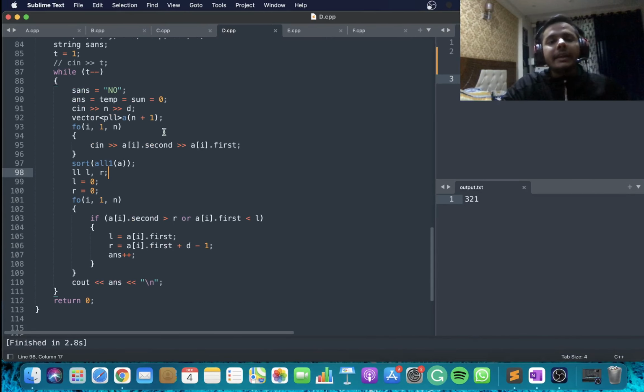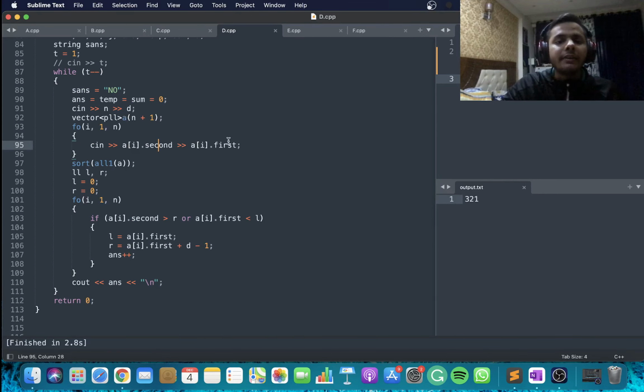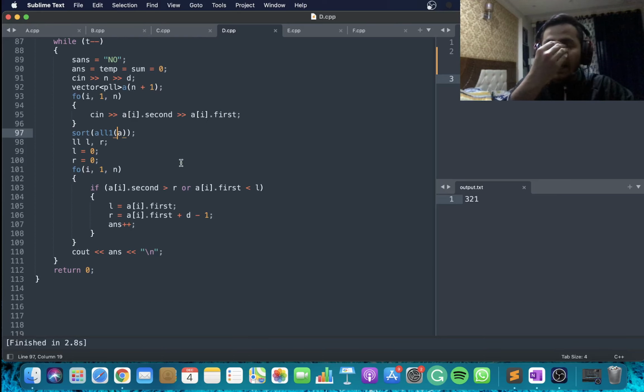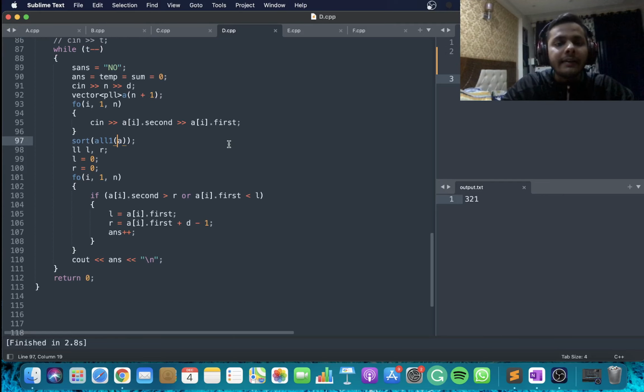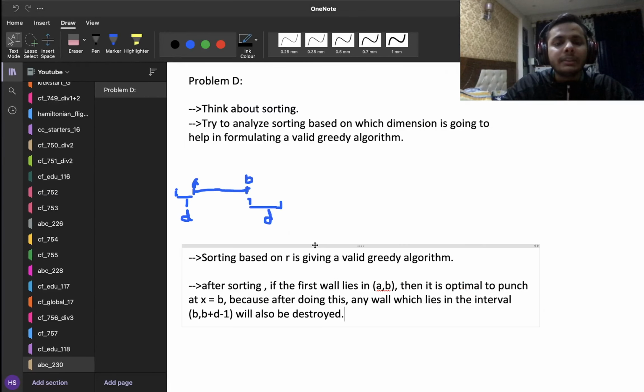So yeah, I am taking a vector of pairs and I am sorting based on r values. As you can see, I am first taking ai dot second and then ai dot first. So ai dot second denotes L and ai dot first denotes R. I am keeping an interval which is initially 0, 0, and this interval is nothing but b to b plus d minus 1.